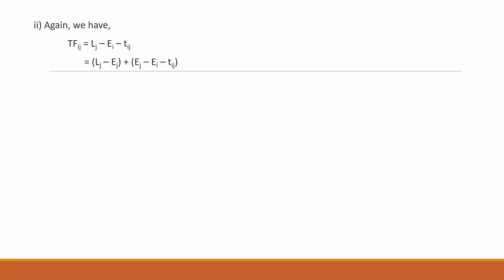This can be written as total float equal to your head event slack, because Lj minus Ej gives you the head event slack. And the formula Ej minus Ei minus tij is nothing but the formula for your free float. That's why we can write this as head event slack plus free float.